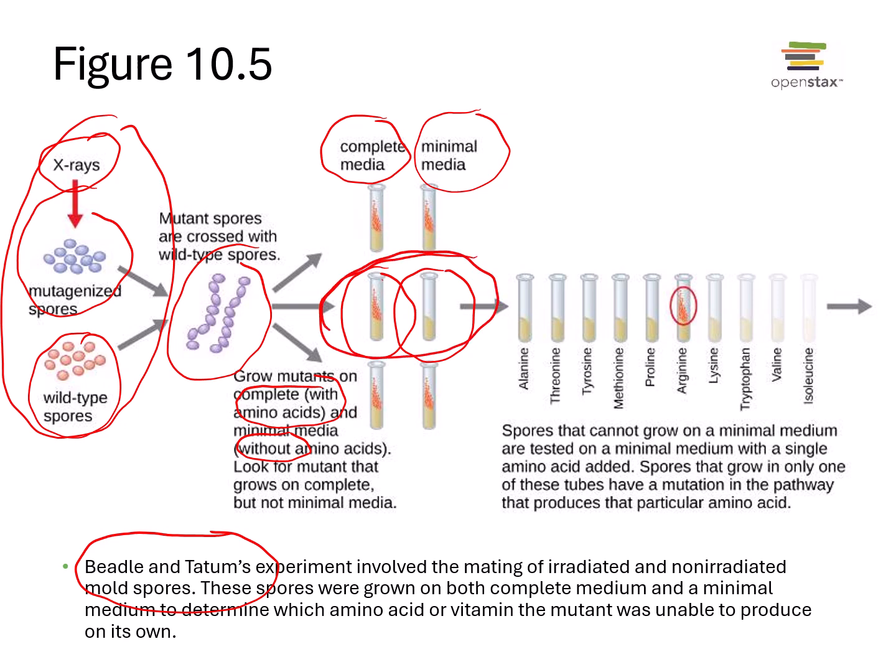Then they took the mold and grew it in tubes of basically minimal media, where they only added a single amino acid into each tube. And they noticed that only when arginine was added did the mold grow again. So this means that these did not grow because they lacked the production of arginine.